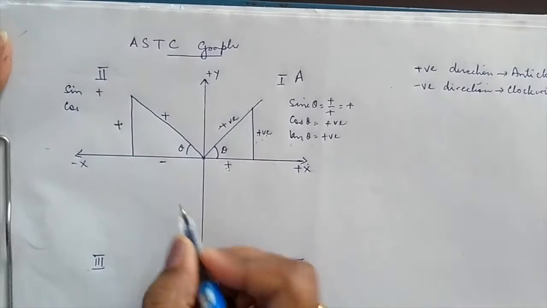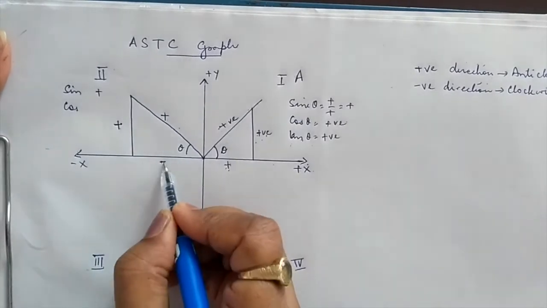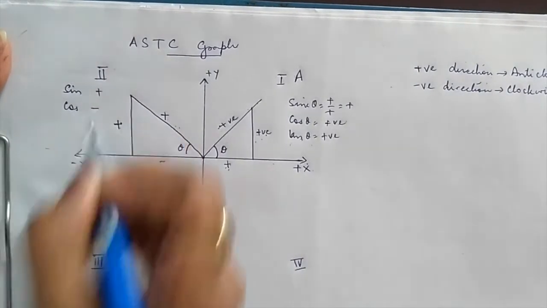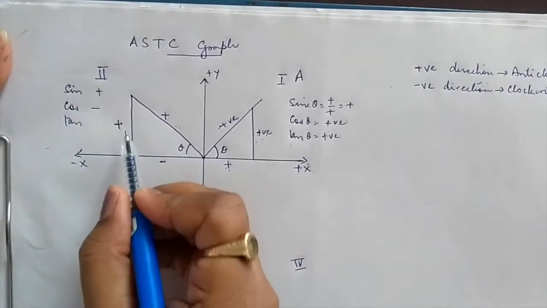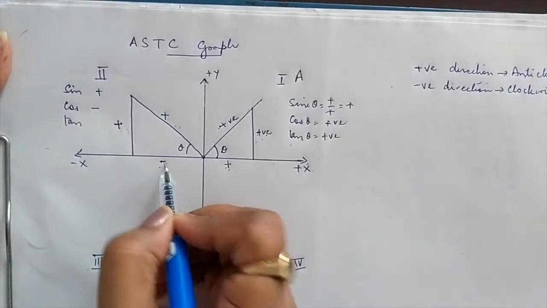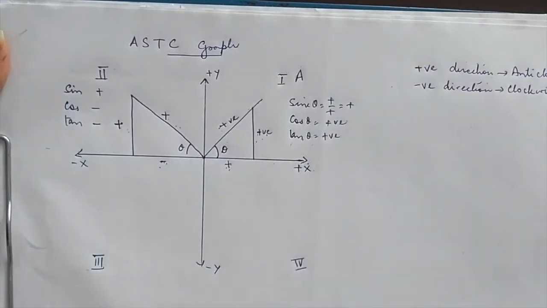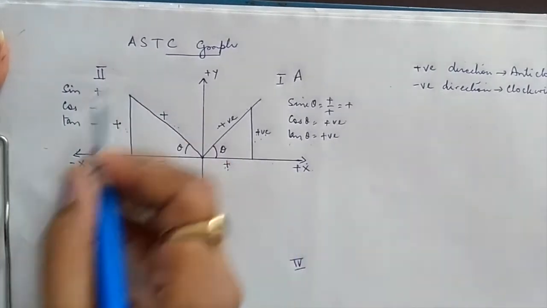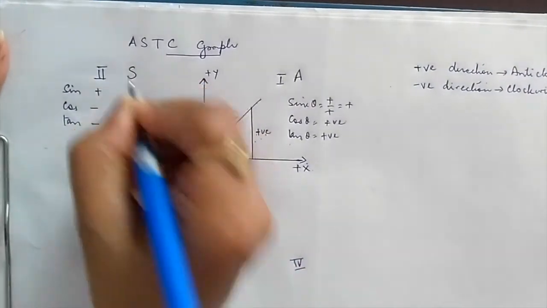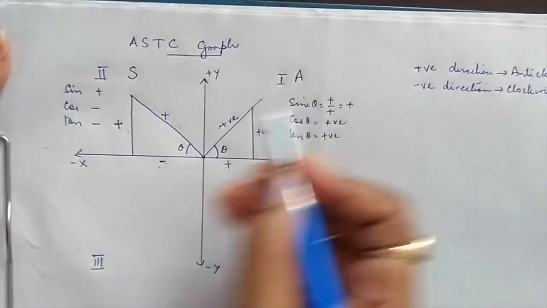Cosine, base upon hypotenuse, so negative upon positive is going to give me negative. Then tan is p by b, so positive upon negative is going to give me negative. So it's only sine which is positive here. That is why my second quadrant is known as S. So we've done A, S.